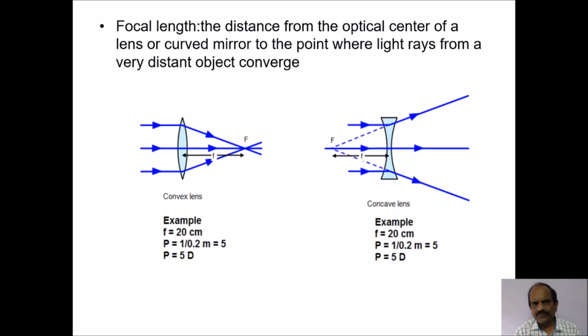Now one important thing: we are not going to consider all the details of the optics here, but we will consider two lenses. At my left side you can see the biconvex lens, and at the right side you can see the biconcave lens.